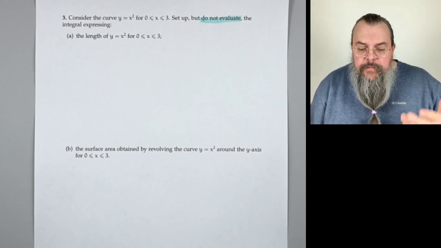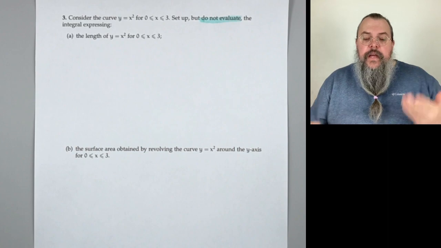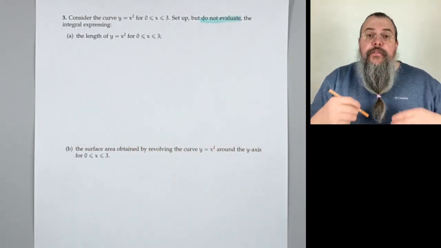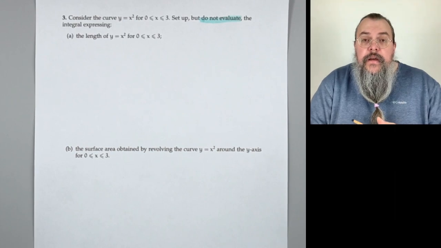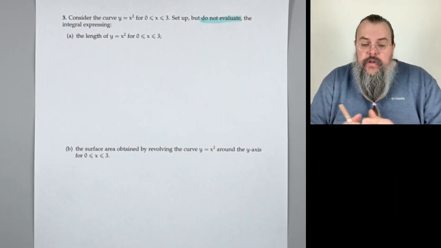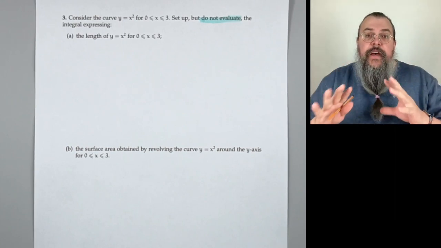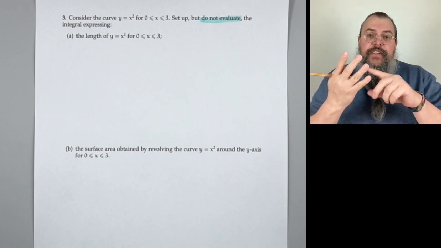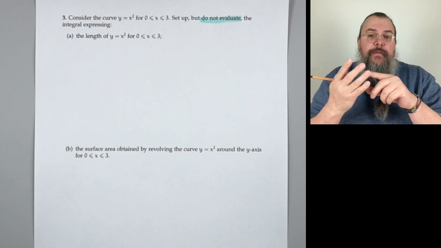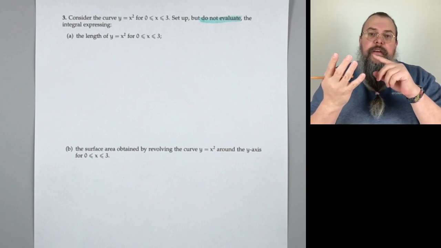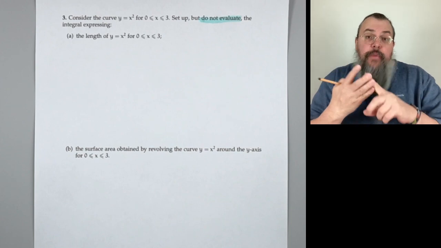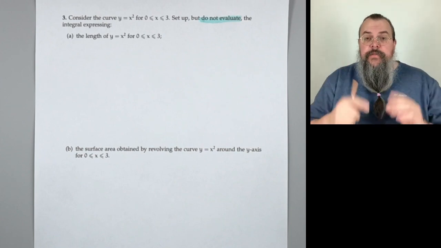We were setting up an integral for the length of y equals x squared, where x goes from 0 to 3. Now, y equals x squared is our y equals f of x setting. The reason I point this out is there are multiple places where we can talk about length: in y equals f of x, in parametric, and we can even do it in polar. So we're here in f of x.